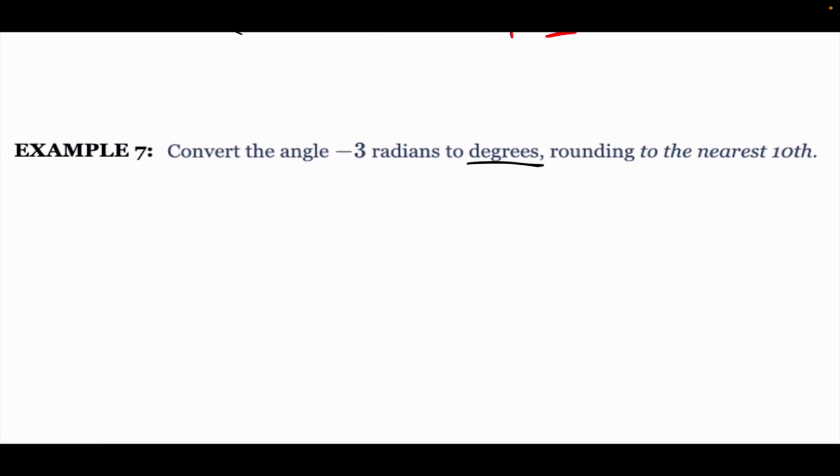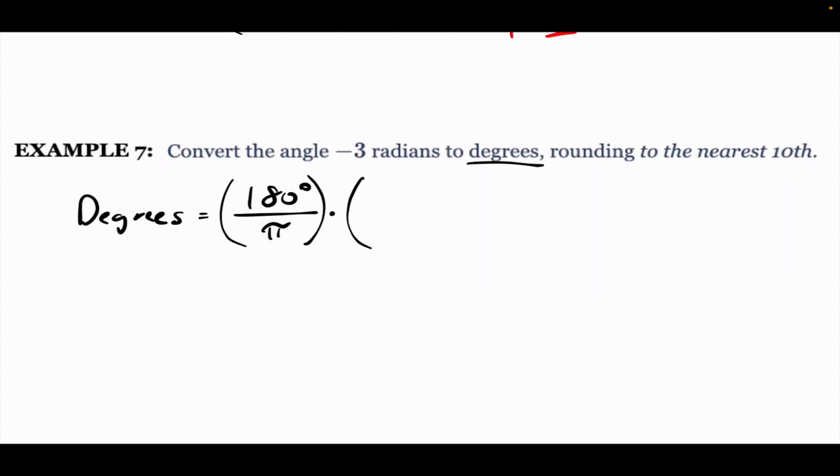Okay, so we got degrees equals 180 degrees over pi times, oops, that's in parentheses. What is the radians going to be here? What's the radians part going to be here? -3. Yeah, -3. It's negative. We haven't seen a negative one yet.